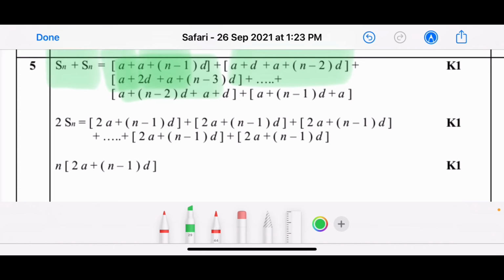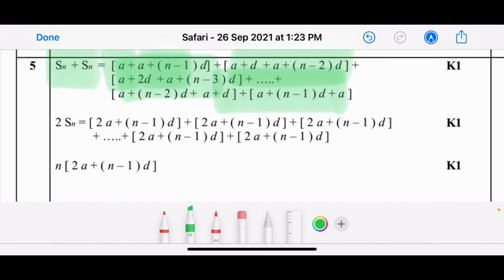This is the 2Sn formula. One sum is from the first term, second term, third term to the last term, and we add again, but taking the last term plus the second last plus the third last until the first term, in reverse.